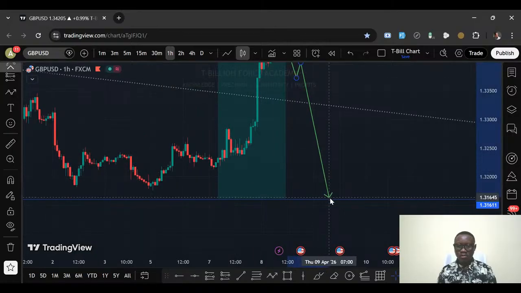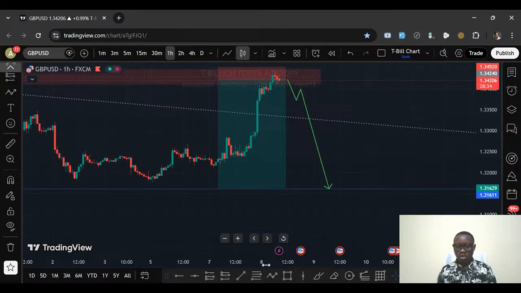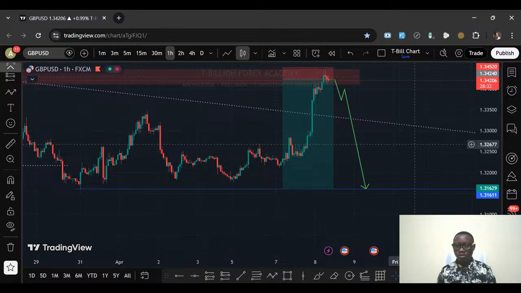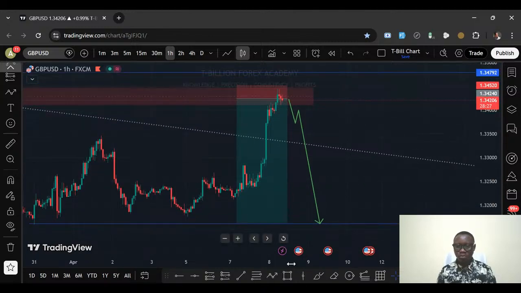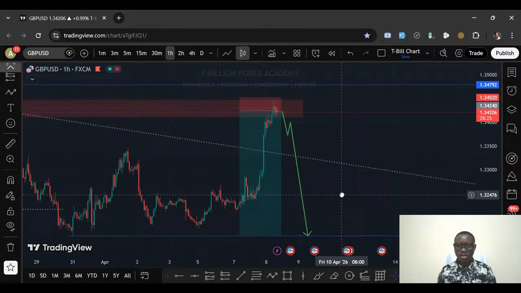Now, the reason why I'm not going to be very optimistic with my take profits is because GBPUSD is already showing a potential bullish trend. So if you're taking a profit, be very conservative with it.